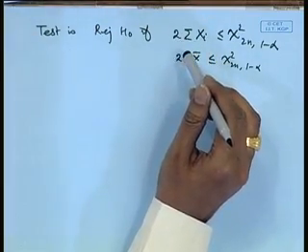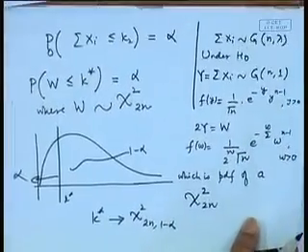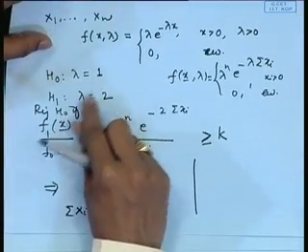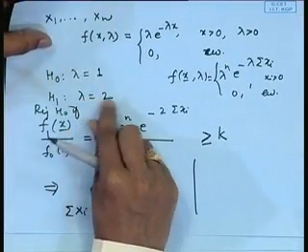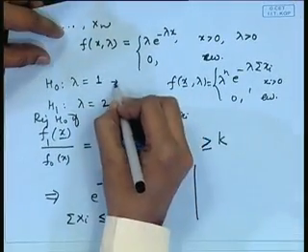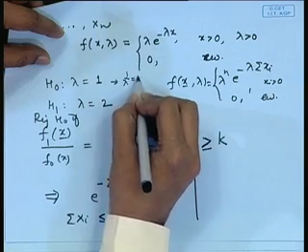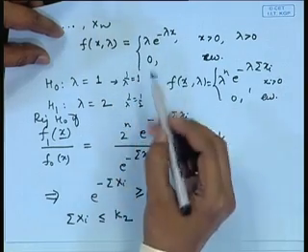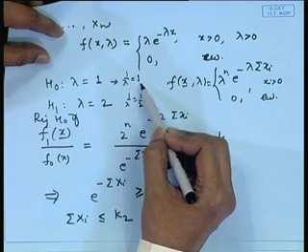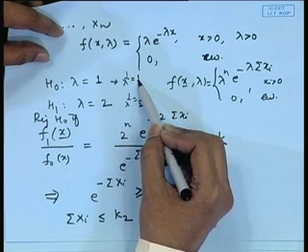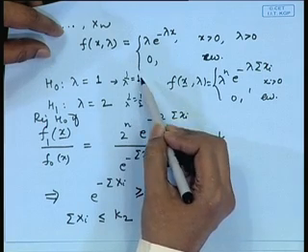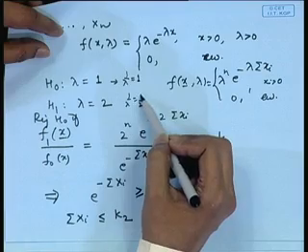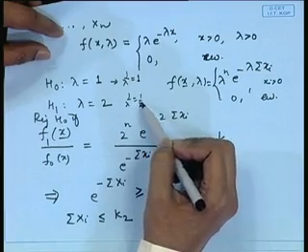Here the null hypothesis is lambda is equal to 1, against the alternative hypothesis lambda is equal to 2. So, if we are considering the mean, then 1 by lambda is 1 and 1 by lambda is equal to half here. That means, under the null hypothesis the mean is larger, and in the alternative hypothesis the mean is smaller.